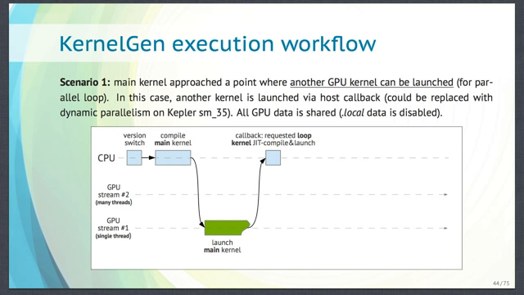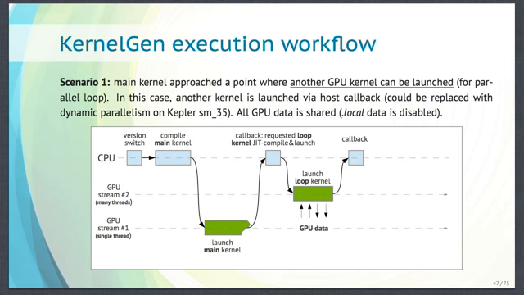Once we need a host call or a call to another GPU kernel, we make a callback to the host, and the host performs loop kernel analysis using additional runtime information, and JIT compiles and launches it. The final kernel is launched into a parallel stream, and the GPU data is naturally shared between stream 1 and stream 2. It's shareable here.